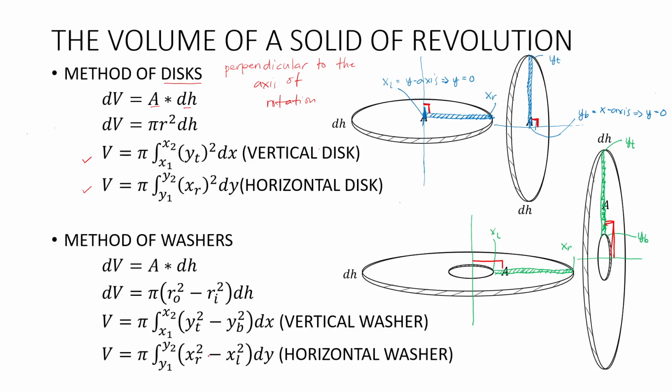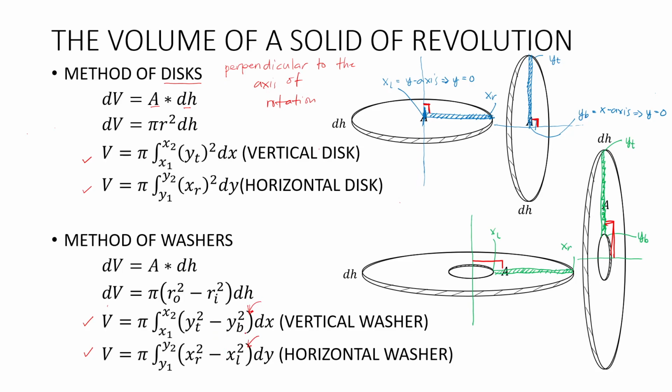Okay? Actually, you can just memorize the formula for the washer, because if you look at the washer, it's the same format as your method of disk, but without the y bottom and the x left component, right? As you can see here. If it's a disk, this one becomes zero, right?